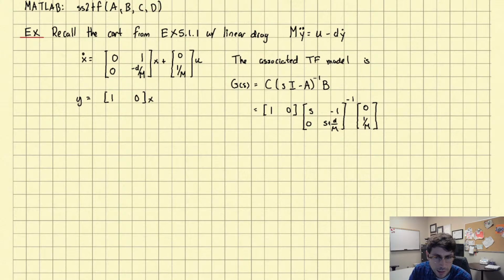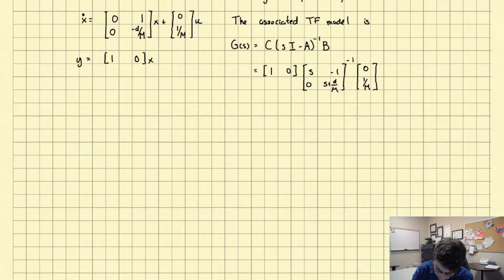When I want to take an inverse of a matrix, it's nice to use Cramer's rule to do that. So I'm going to remind you here, a little aside. For these types of calculations, when I want to compute this expression by hand, it's useful to use Cramer's rule for solving linear equations, and you get this formula, which you may remember from linear algebra.